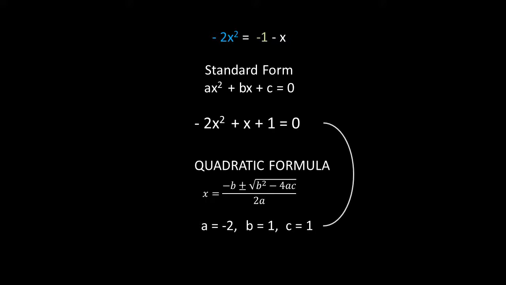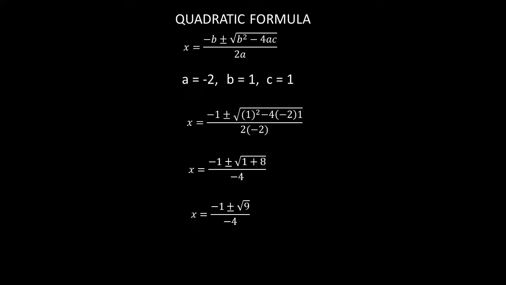We are going to substitute the values of the variables to the formula. Then x is equal to negative 1 plus or minus the square root of 1 squared minus 4 times negative 2 times 1 over 2 times negative 2.